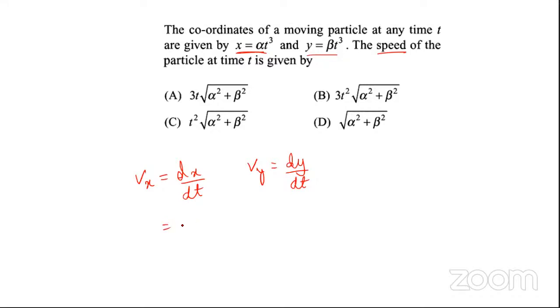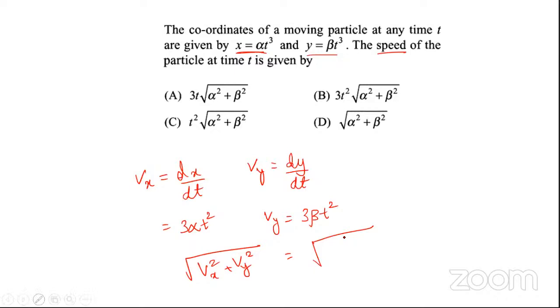So Vx will become 3 alpha t square and Vy will become 3 beta t square. Then we have to find the resultant velocity, so that will be under root of Vx square plus Vy square. That will give us, alright, now try to solve after this.